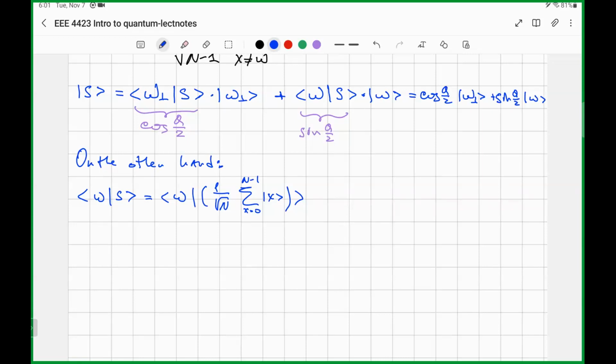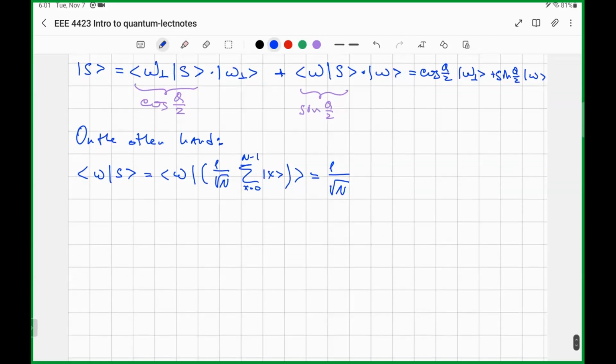And all these states are orthogonal, which means the product of this omega with all x gives us 0, except for just one, which coincides with the state omega. And this product gives us 1. And the result will be just 1 over square root of n.